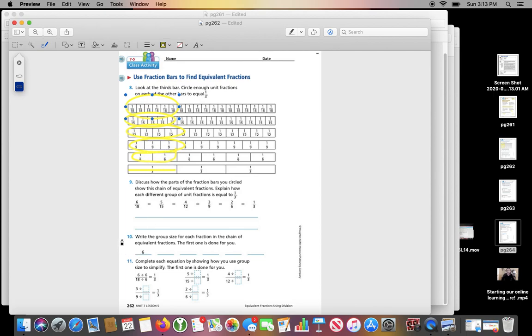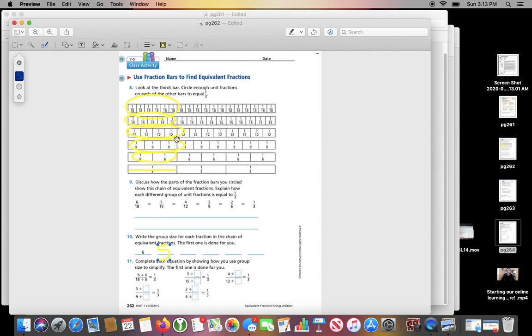Number 10 is a little tricky the way it's worded. So let's look at it. It says, write the group size for each fraction in the chain of equivalent fractions. The first one is done for you. So the group size in this first one, it's saying 6/18. So then it wants you to write here, what's the group size going to be for 15ths? Well, it's 5.